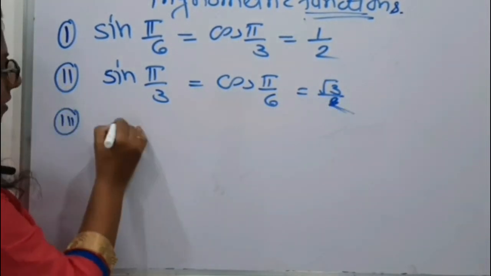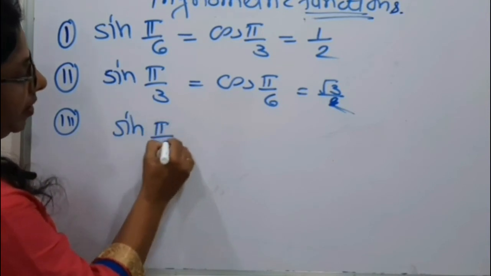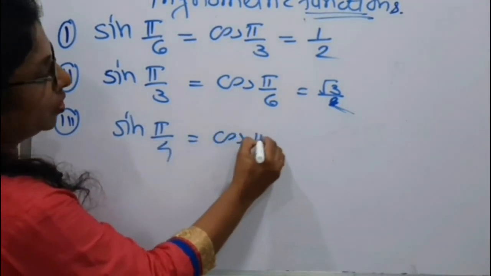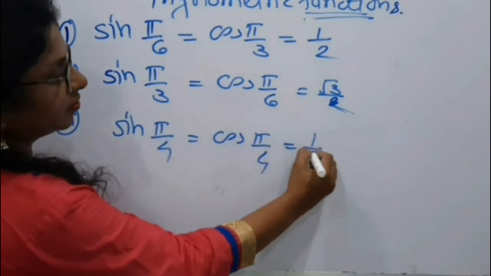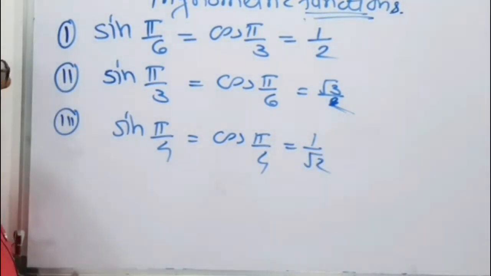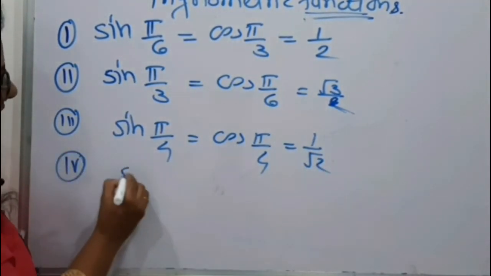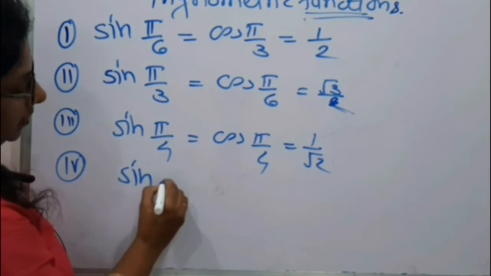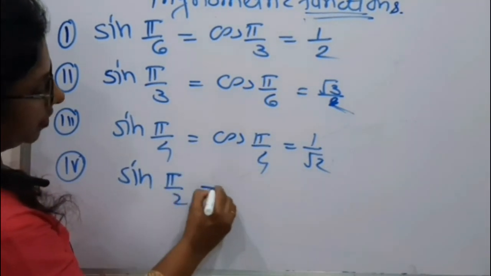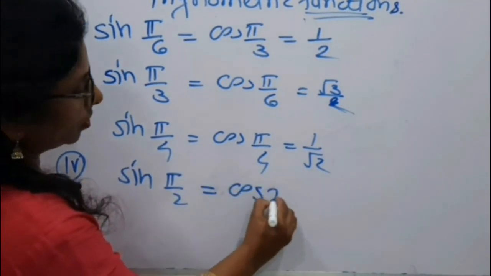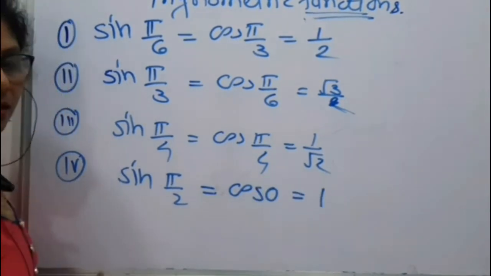Third is sin pi by 4 equals cos pi by 4, which is 1 by root 2. Fourth is sin pi by 2 equals cos 0 equals 1.